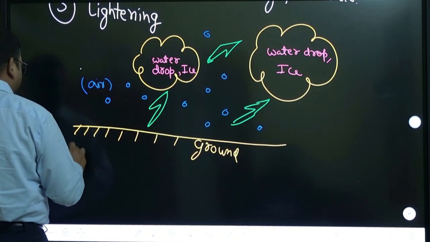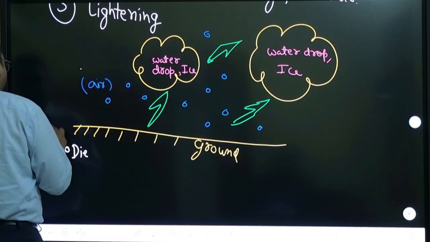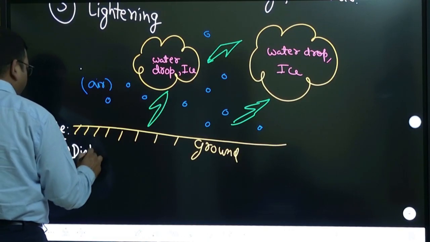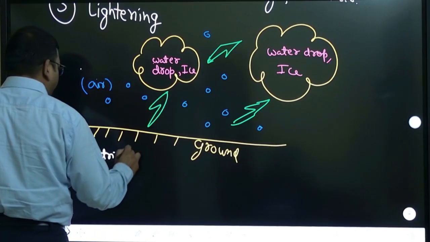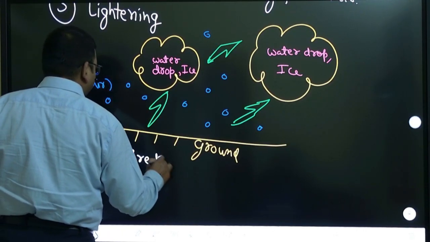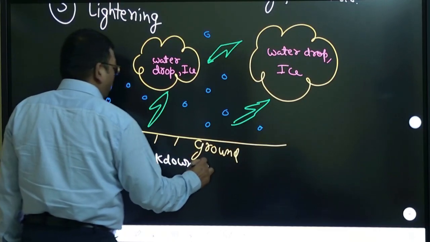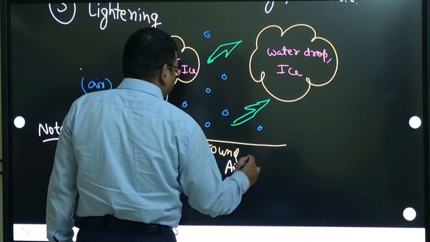Dielectric breakdown of air, which is an insulator.